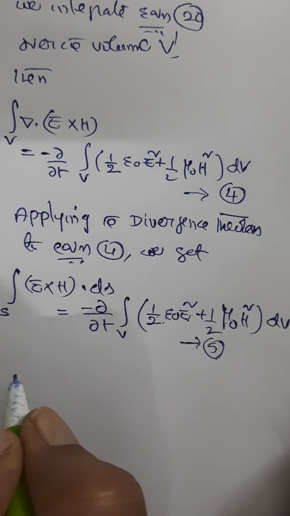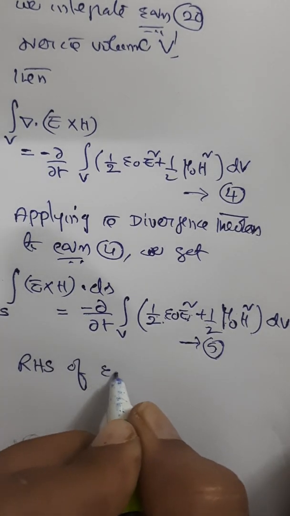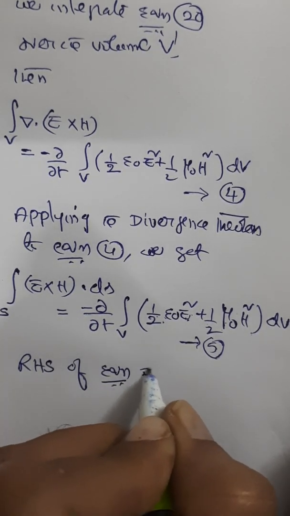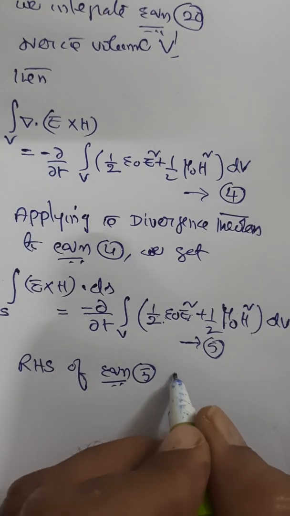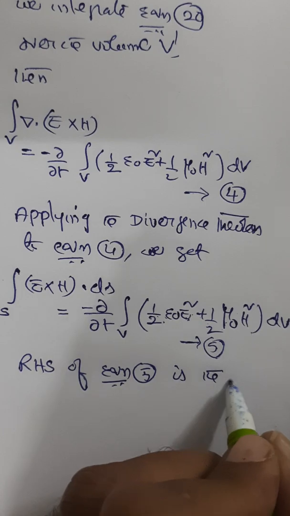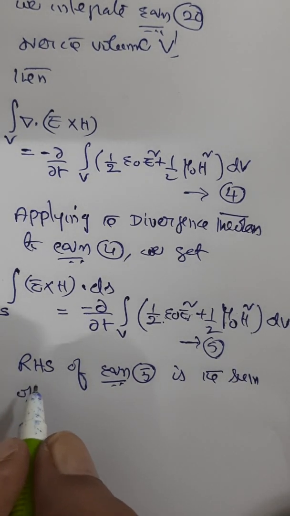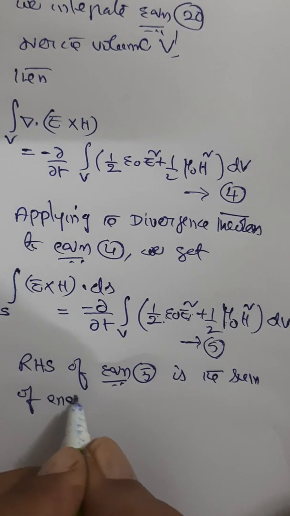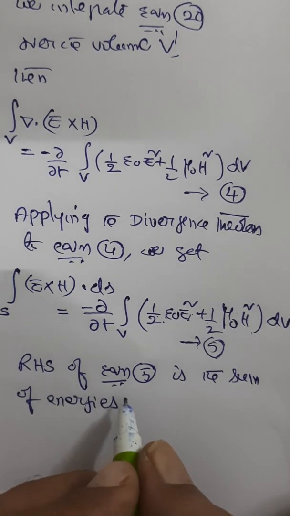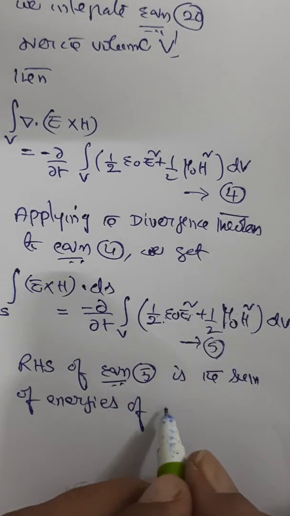So if you look at the RHS of equation 5, you are adding this. So therefore, the sum of energies of electric and magnetic fields.